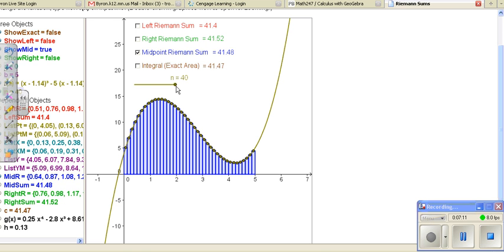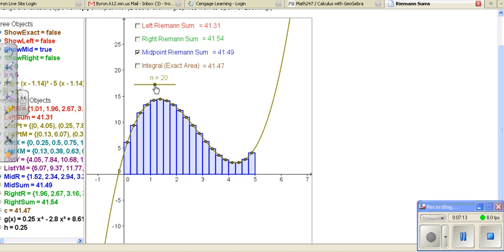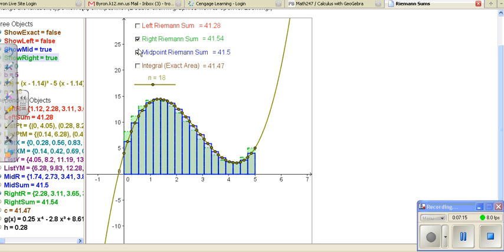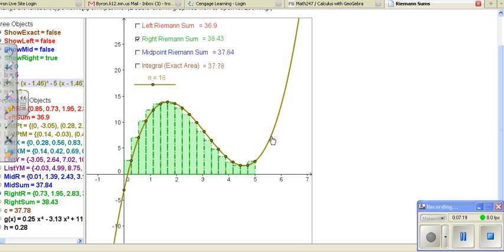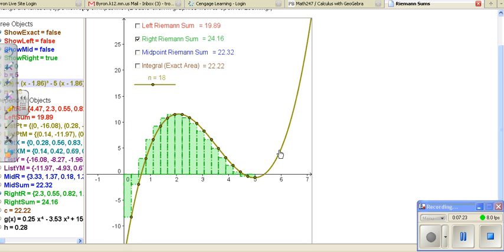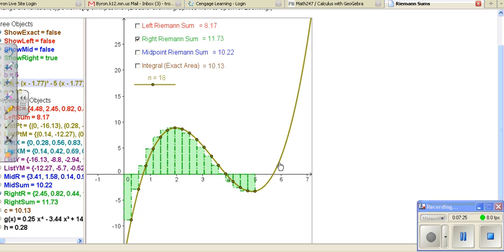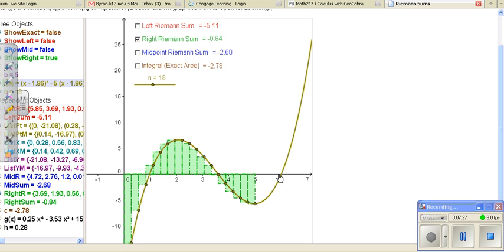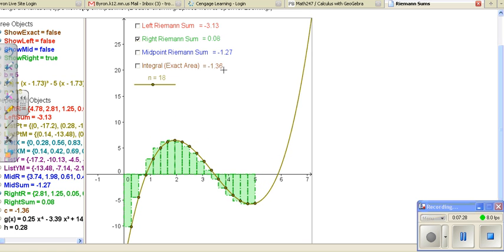We can also come back here, not just go ahead and take a look at midpoint and change the number of rectangles, but we can actually change our curve. Now, if we just drop this down a little bit, you'll notice that your area now becomes negative. Why is your area negative?